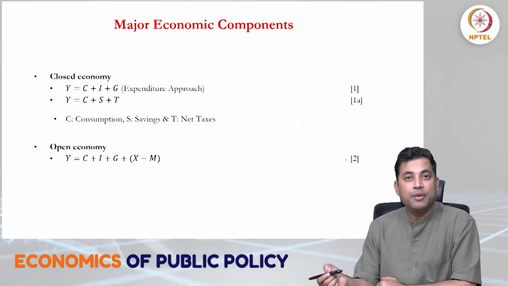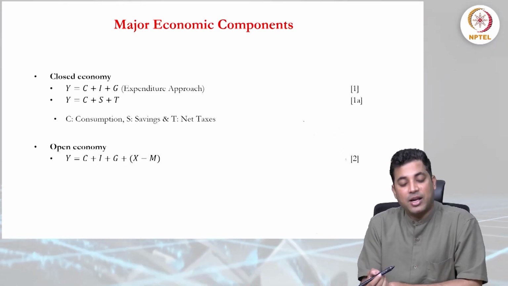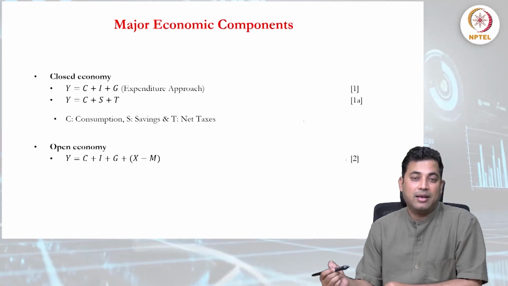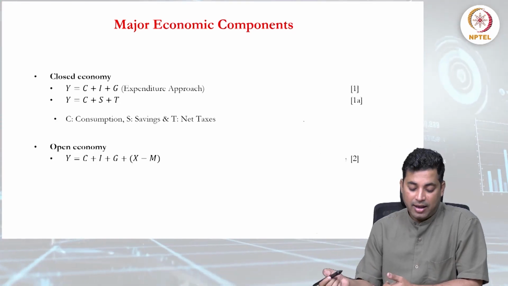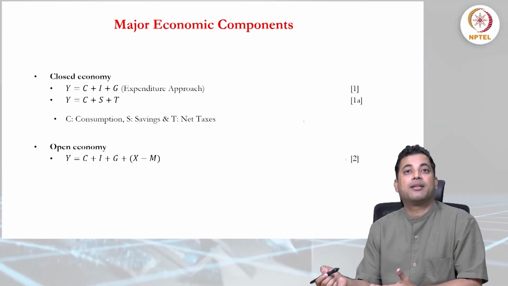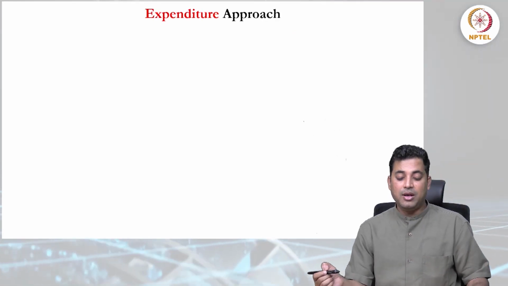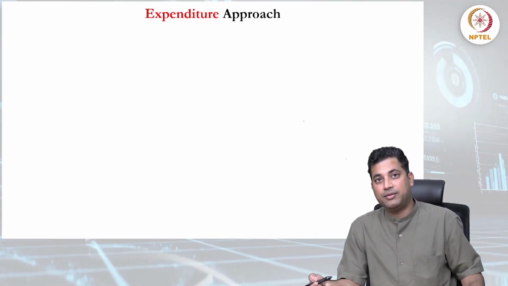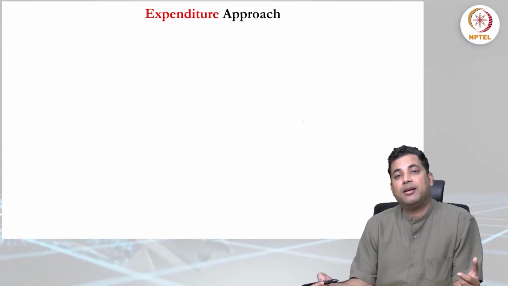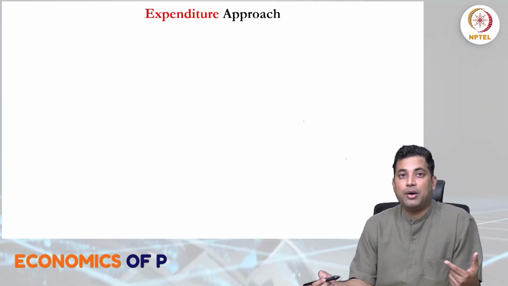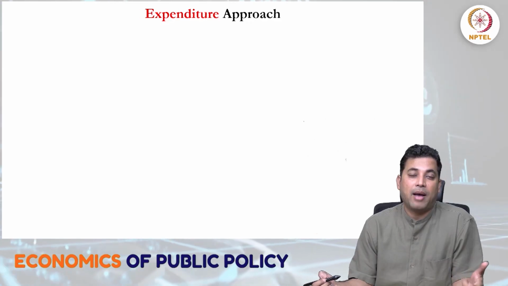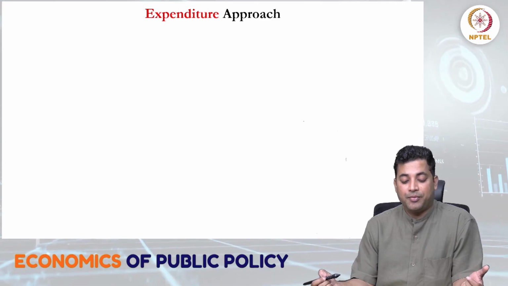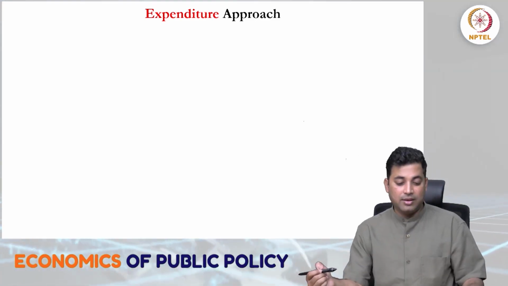In case of an open economy, Y, the national output, will equal C plus I plus G plus X minus M, where X is export and M is import, and X minus M is net export. Now if we follow the expenditure approach, in this course I'll be taking the expenditure approach to tell you what are the macroeconomic elements or components that are used for policy calculations.